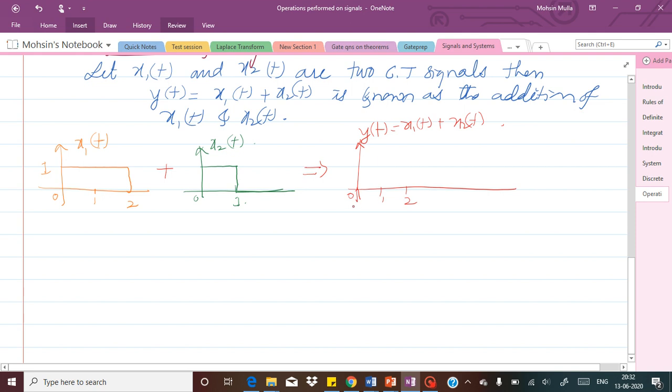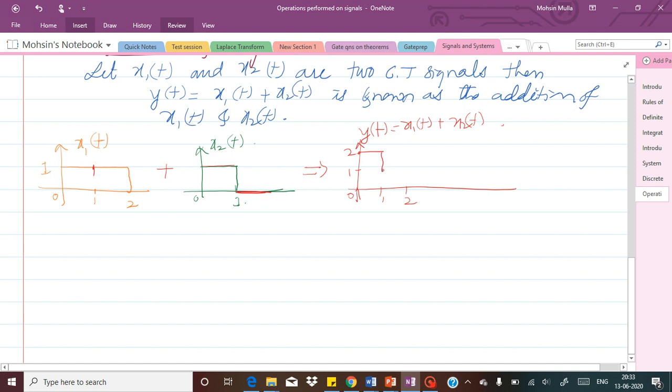Between 0 and 1, the first signal x1 of t has magnitude 1, and x2 of t has magnitude also 1, so 1 plus 1 is going to be 2. Now after instant 1, the first signal magnitude is still 1 up to instant 2, and the second signal magnitude is 0.